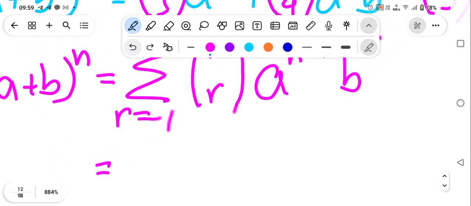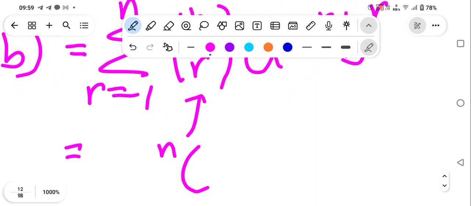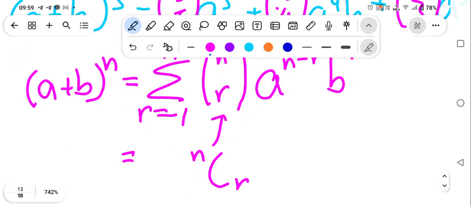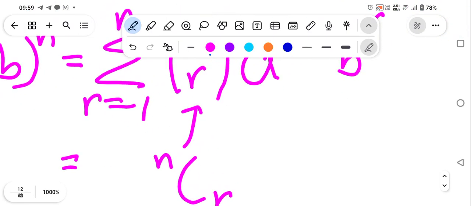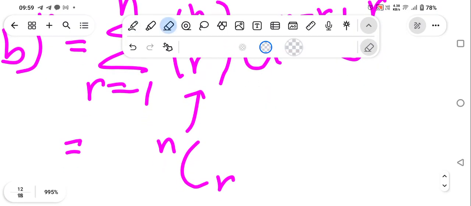This is actually nCr, but most people love to write it like this. I forgot what it's called. Maybe permutation. Oh no, the combination. I forgot what it's called, but whatever, you know it.